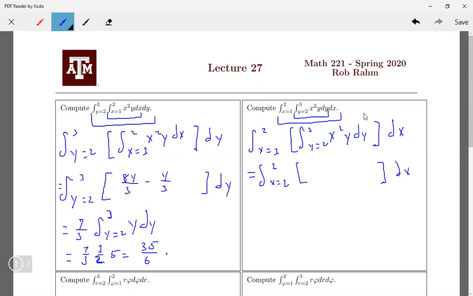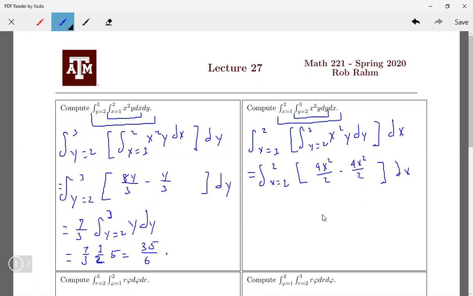Okay, now the inner integral is a y integral. As far as y is concerned, x is a constant. The antiderivative of x squared y with respect to y is x squared y squared over 2. And we're going to be evaluating this from y equals 2 to y equals 3. So this is going to be 9x squared over 2 minus 4x squared over 2.